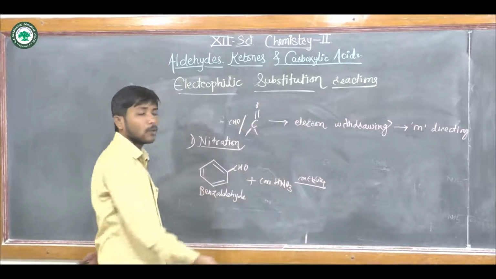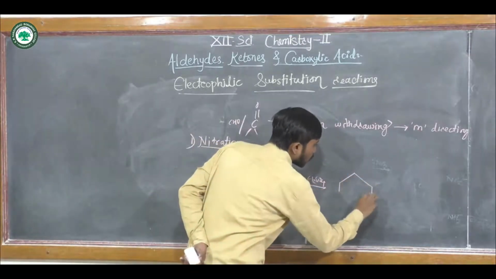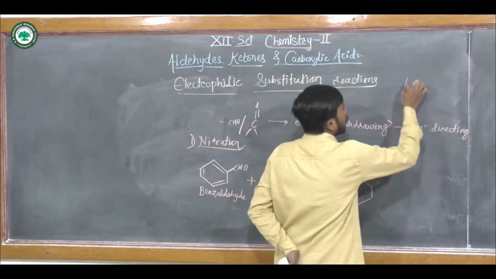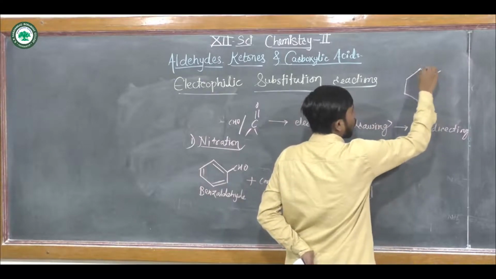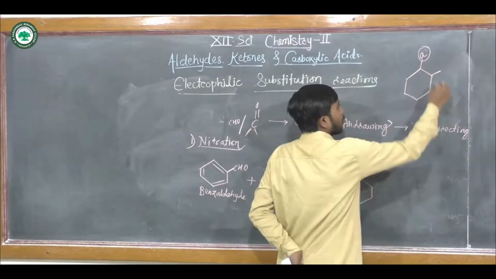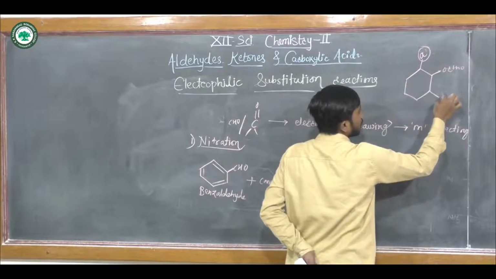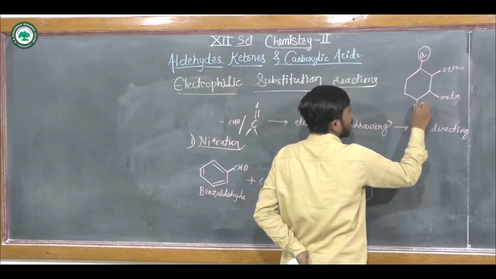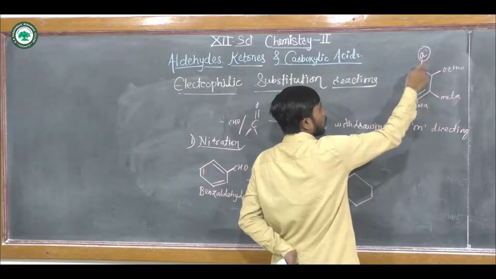The nitro group will be introduced to the meta position. Which one is the meta position? Look here. Whatever the substituent may be, this one is ortho, this one is meta, and this one is para. Likewise 1,2 or 1,2.